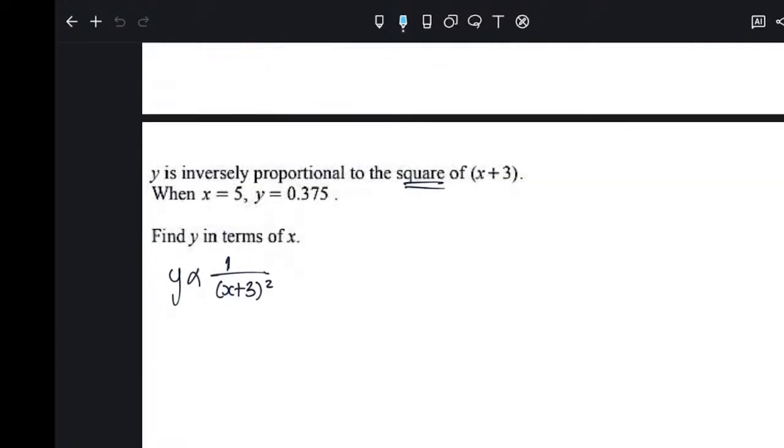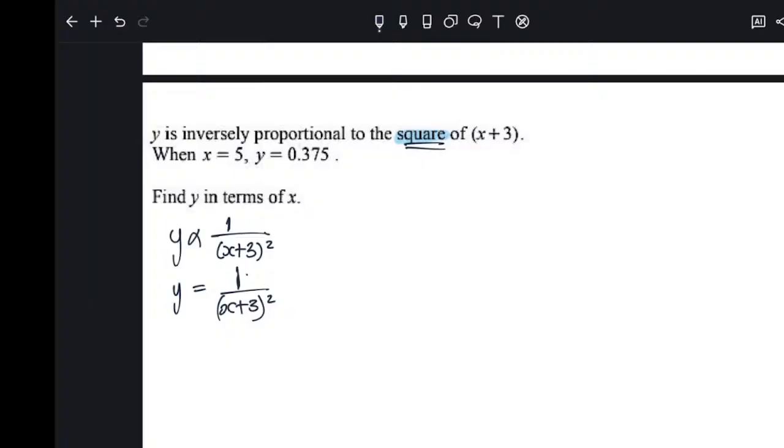Here they say to the square of x plus 3. So you do it like this. X plus 3 all squared, which means y is equal to 1 over x plus 3 all squared. No, k over, sorry, not 1 over. If you leave the k, you are cooked, you're in trouble.